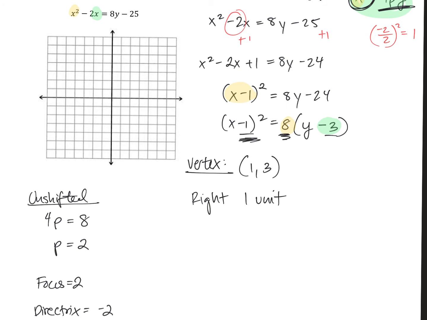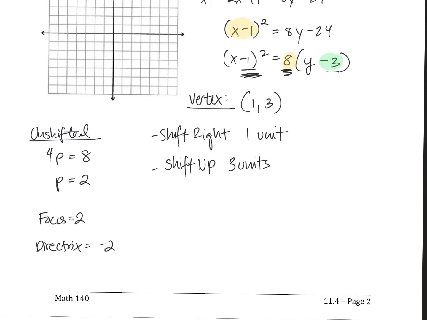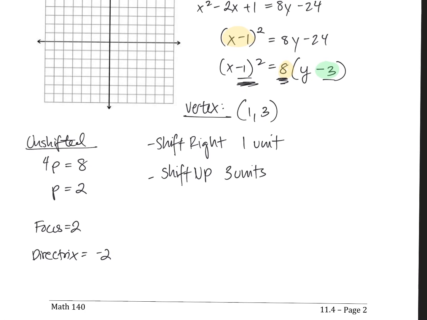And then we have up 3 units. Okay, so those were the shifts. Forgot to mention we need to write those down. Okay, so these shifts we're going to apply to our focus and directrix.